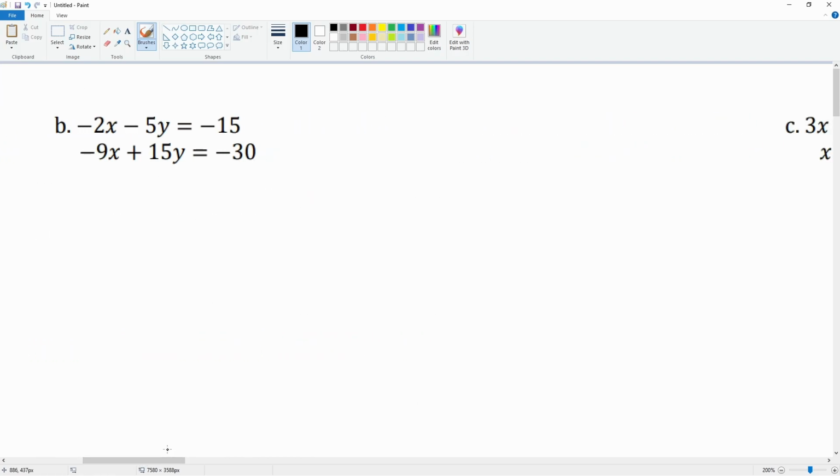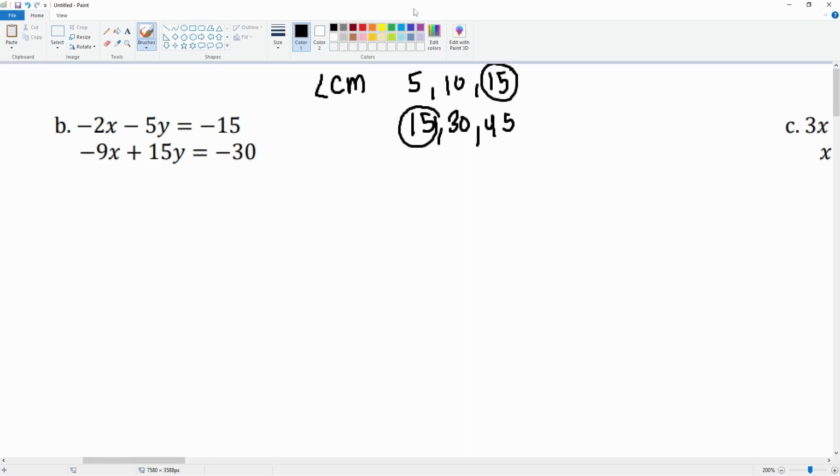We are looking for numbers that are opposites. Here I see the number -5 and 15. This is perfect because I can find the LCM of 5 and I can find the LCM of 15. 5's multiples would be 5, 10, 15. And 15's would be 15, 30, and 45. Notice 15 and 15 here are the LCMs.